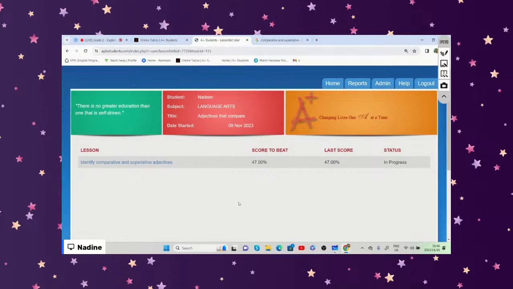And then we have a superlative adjective, which compares two or more people, places, animals, or things, and it ends in est. For example, she's tall, he is taller, but Cameron is the tallest.